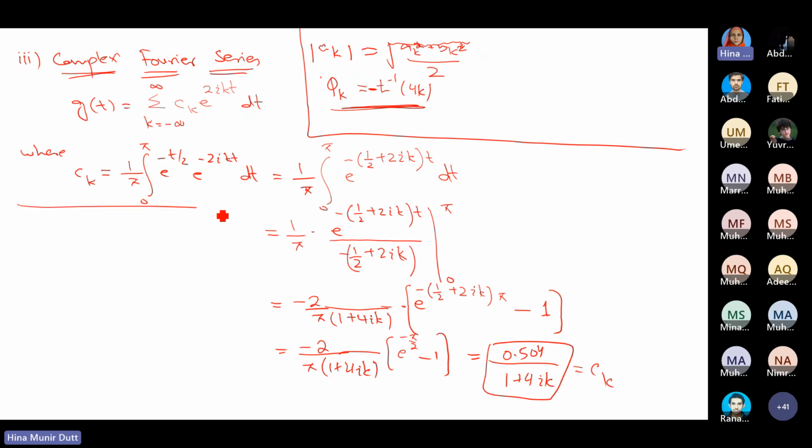So then you will plot the two-sided spectra. The values are same, only the double of this. Here I will take the angular frequency, and here I will take the c_k magnitude, which at 0 is 0.504.